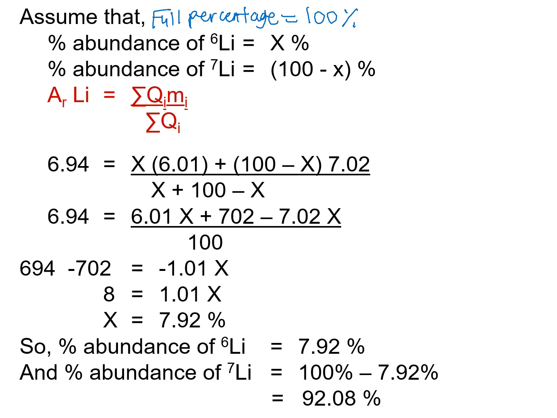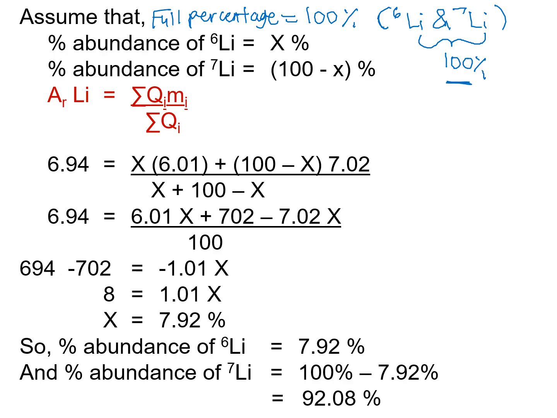You ada dua benda yang you nak cari, which is percentage abundance of 6 Li and percentage abundance of 7 Li. Kiranya kalau you tambahkan percentage both ni, mesti kena dapat 100%. So macam mana nak dapatkan both 100% ni?